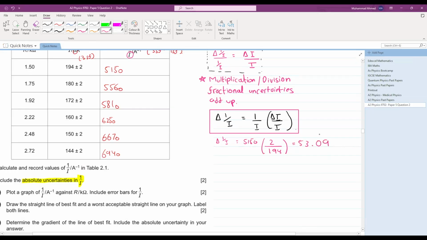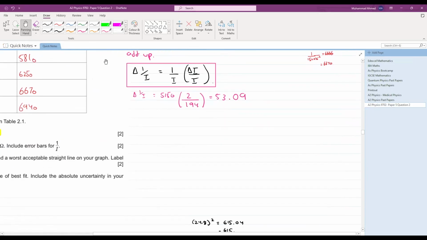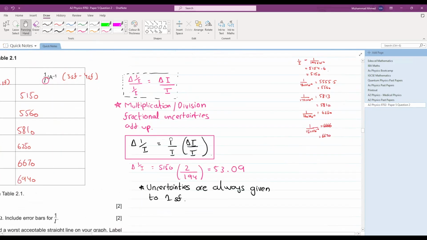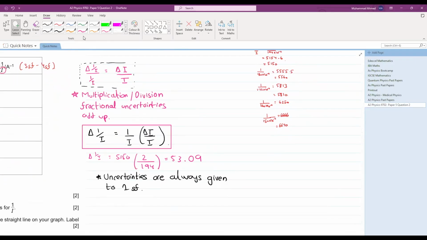53.09. But now I have to tell you a very basic rule. Uncertainties are always given to one significant figure.